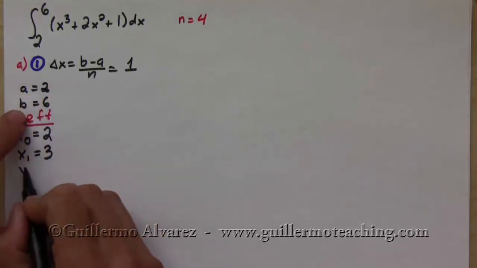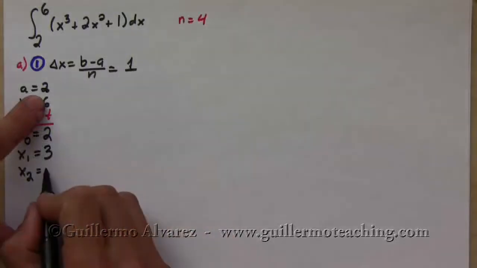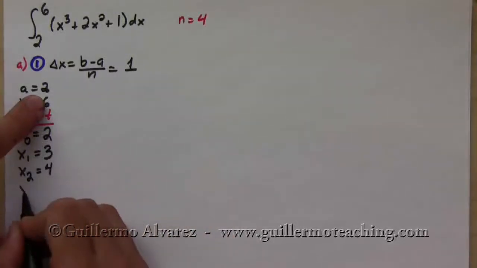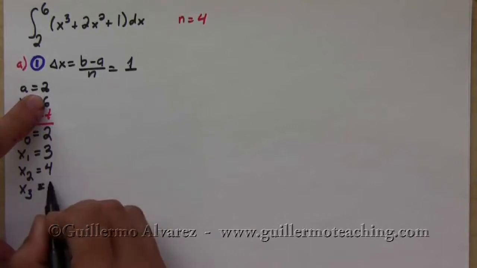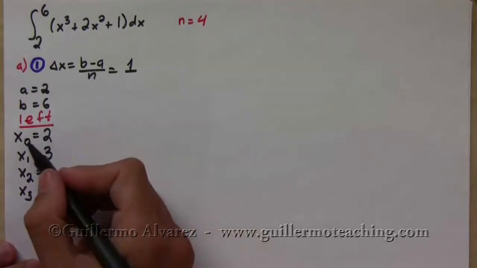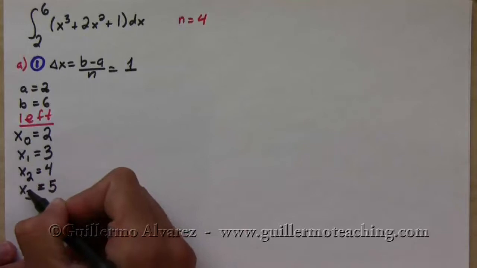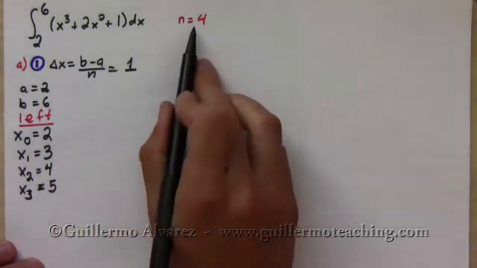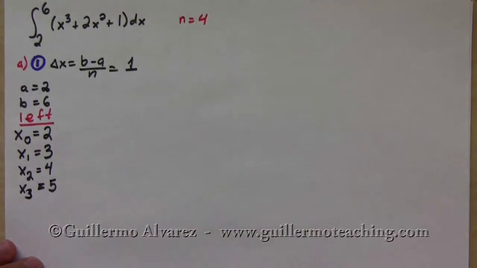Then the next x value is one more delta x from that, which is 4. And the next and last x value is one more from that, which is 5. So notice that for the left, we start at x sub 0 and end at x sub 3, which is 1 less than what n equals.